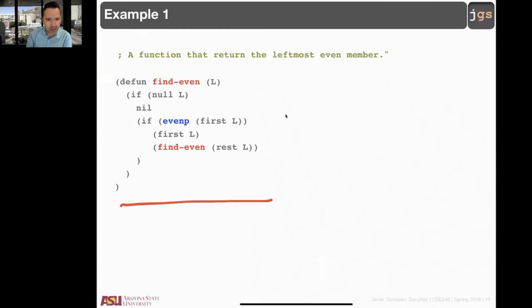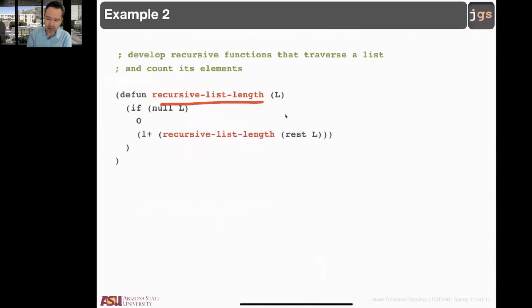What is happening here? A definition of a function that is recursive. Even P, remember the P, predicate. Another recursive call, 1 plus, the 0 without parentheses. What is happening there?